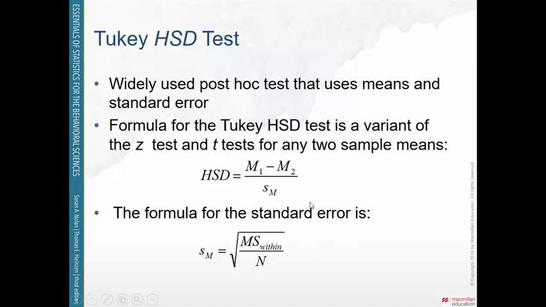I will not ask you to calculate any of these post-hoc tests. I will give you a printout from a statistical computer program, and I want you to be able to interpret it, but you will not have to do these calculations, not on a quiz and not on our final exam.